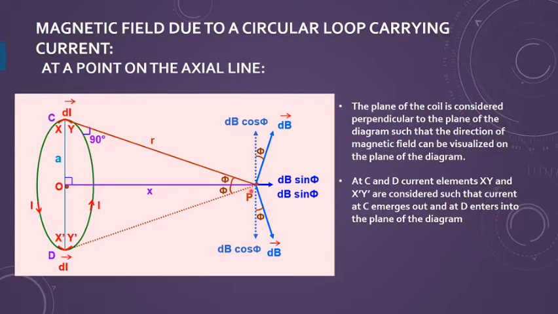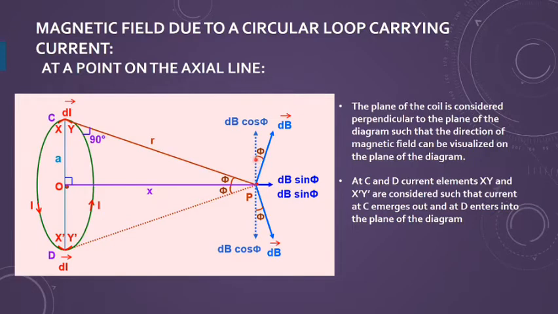You can see this angle we are supposing phi. By symmetry, if you complete this diagram, the angle between the r vector and dB vector is 90 degree. So if you take a line here perpendicular to this plane, then this angle also comes phi.